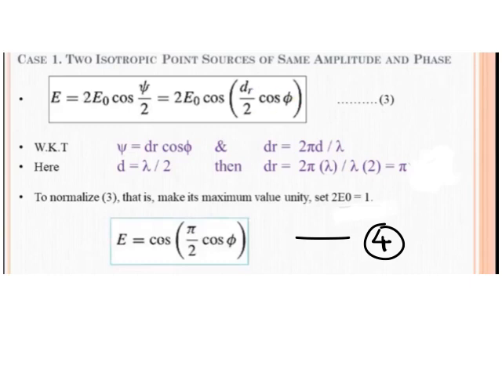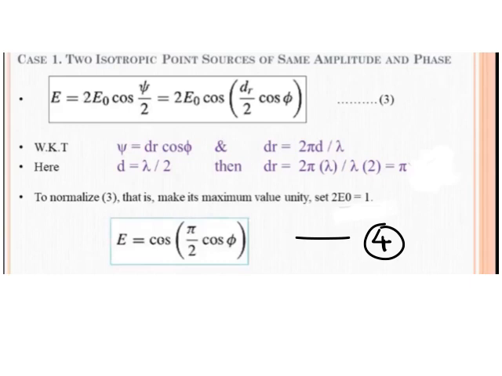So dr cos phi by 2, and we know that psi is equal to dr cos phi, and already we know that dr, that is the radial distance, is nothing but 2 pi by lambda into d, and again d is equal to, in terms of wavelength, lambda by 2. So dr can be written as 2 pi into lambda by 2 divided by lambda, that is equal to pi. And we can still normalize this equation 3.